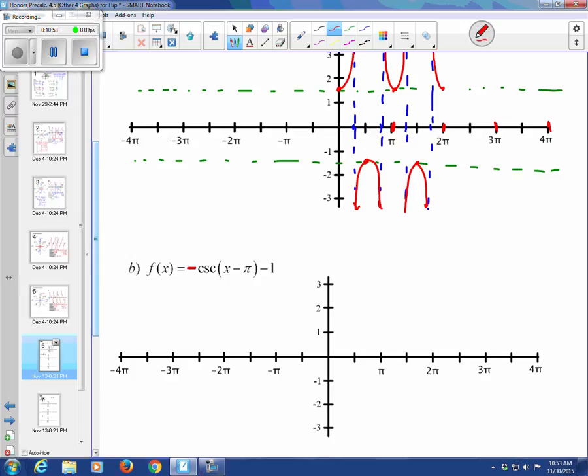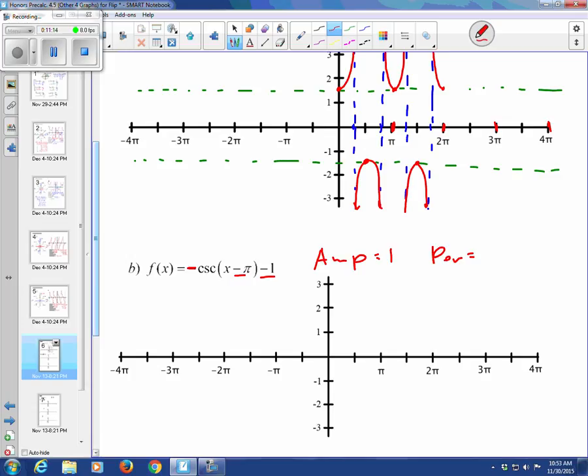The rest of the transformations concerning amplitude and period are really going to be unchanged. We're going to see the same amplitude and period that we normally would, but they're going to be shifted a little bit by that subtraction of pi inside our cosecant and that subtraction of 1 outside. So right here we've still got an amplitude of 1.